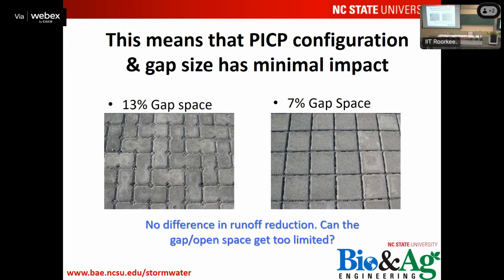Nothing's getting through the concrete. The permeability of the gap filled with loose gravel, let's go with that gap will have a permeability of 10,000 millimeters per hour. Okay? 10,000 millimeters per hour for the gap filled with gravel.